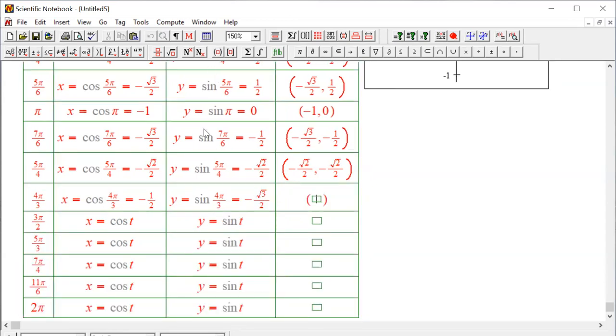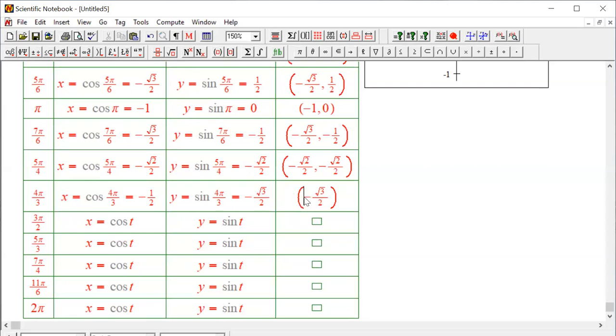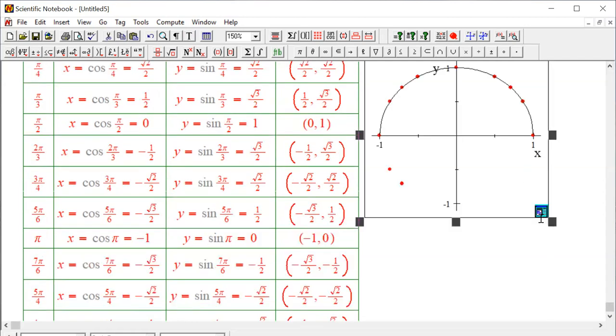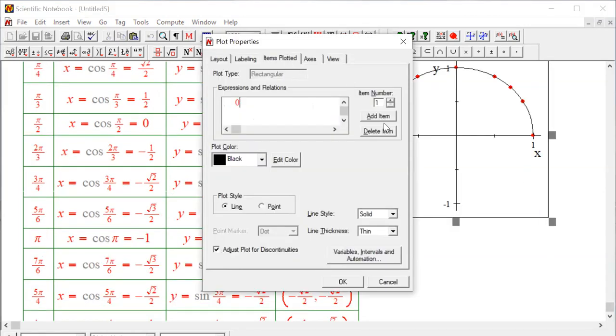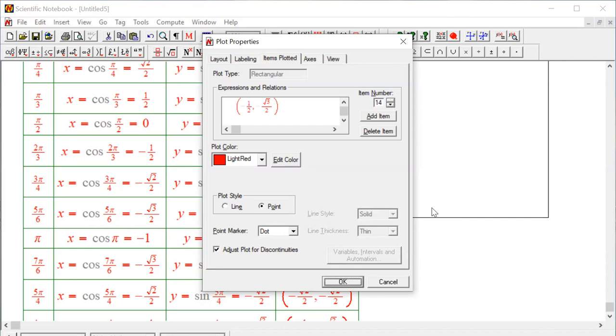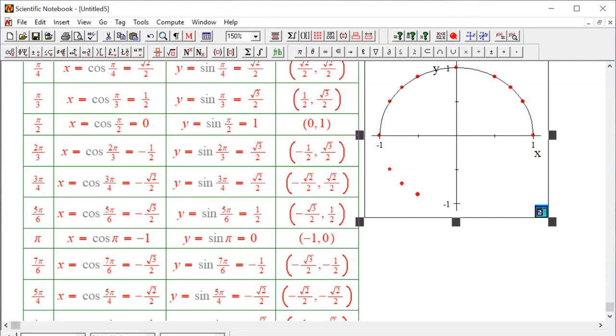So that point is going to be right there: -√3 over 2 for the y value, and -1/2 is the x value. So we're going to put this point on the chart. There, right? So the circle is forming.